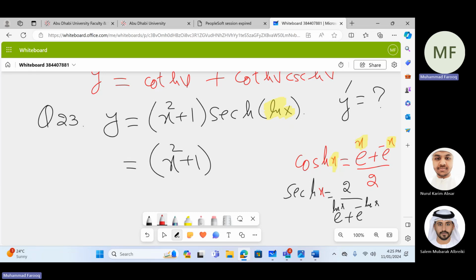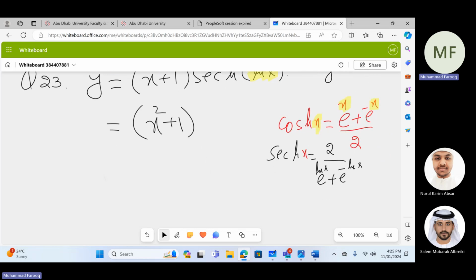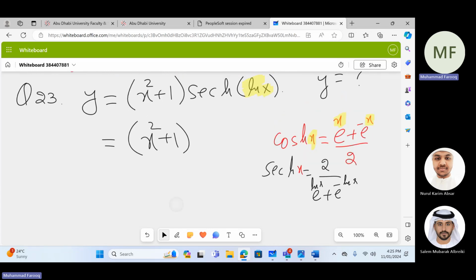And e power negative ln x is 1 over x. So you have almost got the simplification.